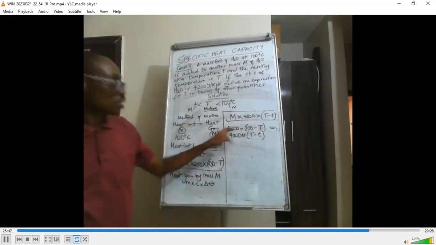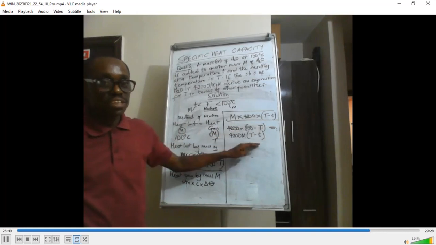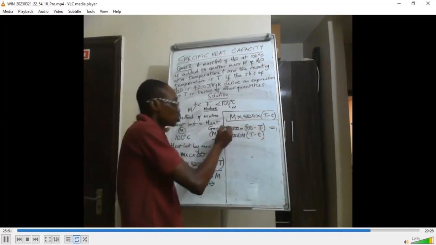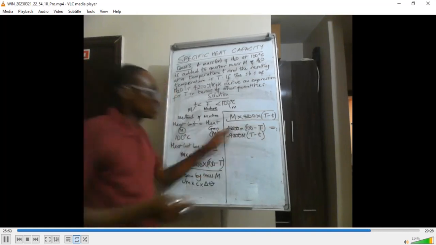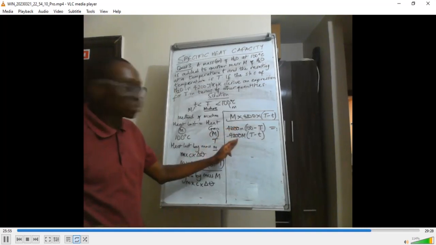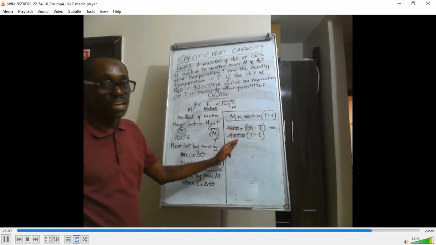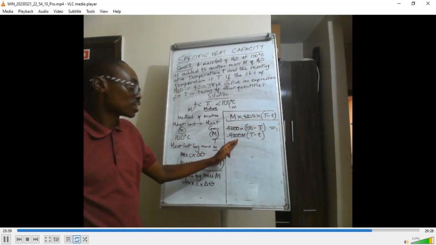Since this is on the left hand side and this is on the right hand side, 4,200 on the left side of the equation can cancel 4,200 on the right side. They can cancel each other.